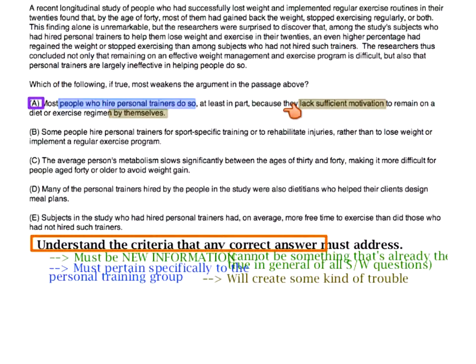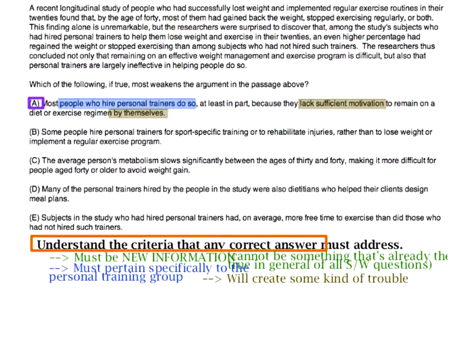As far as the other choices go, B tells you a reason why people would hire personal trainers. If this were a reason to create trouble with maintaining weight loss or exercise, it would be okay. But there's no reason to think that that's true.